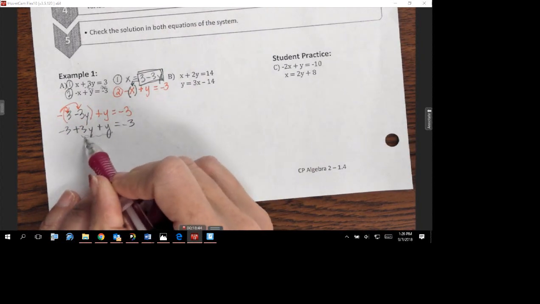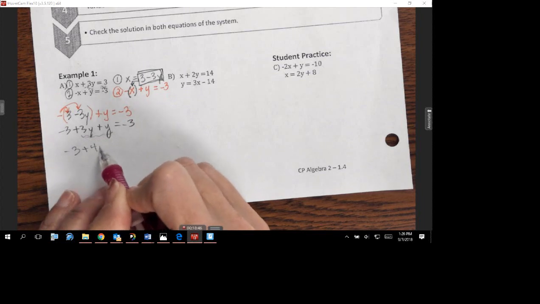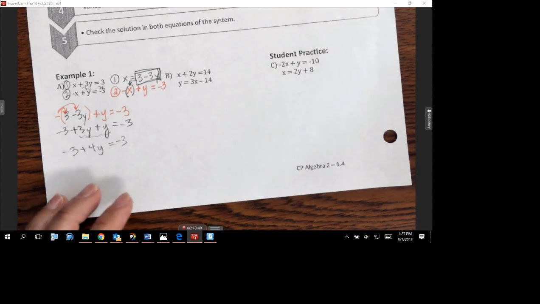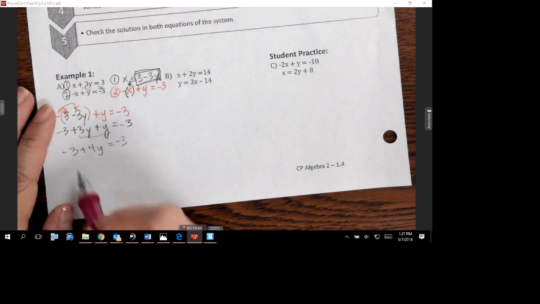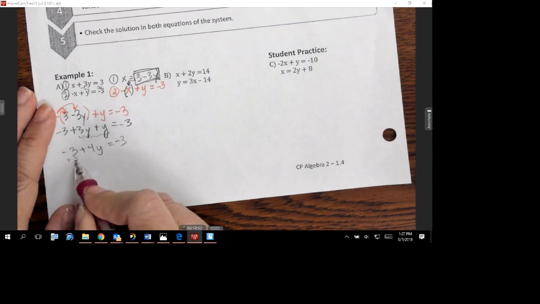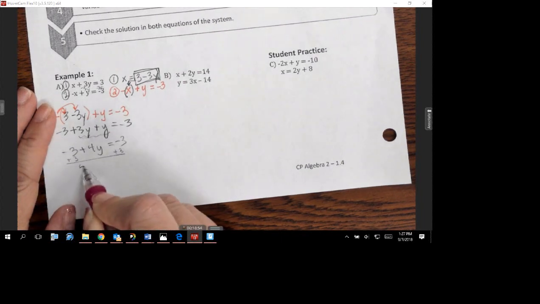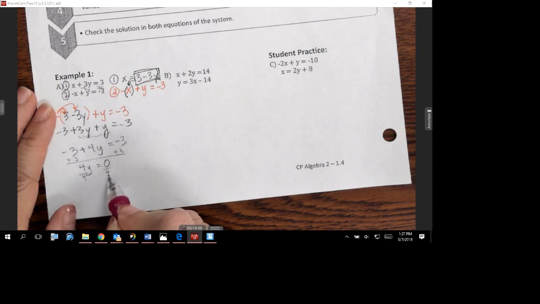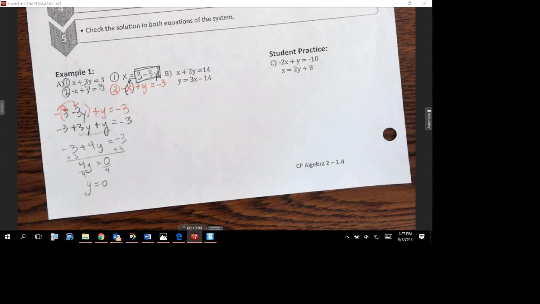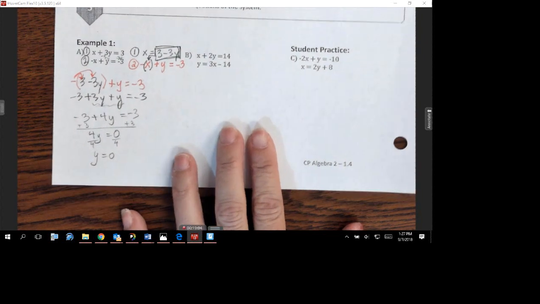So here's 2 like terms, negative 3 plus 4y equals negative 3. And then I'm going to add 3 to both sides. So I'm just solving equations. 4y equals 0, divide by 4, y equals 0. So we are able to solve for y.